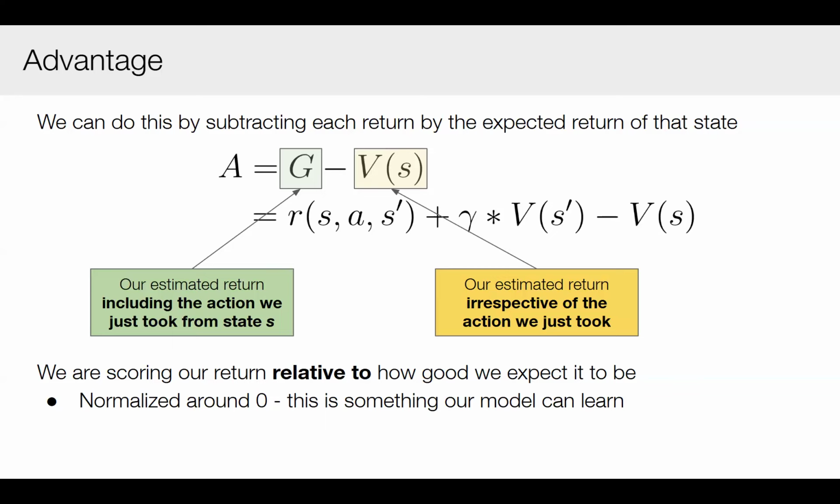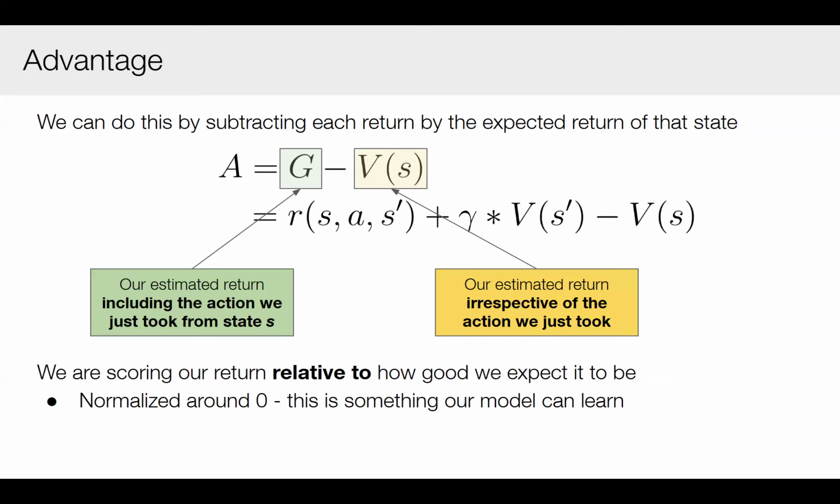So this advantage is equivalent to our return, it's just normalized around 0, right? So this is something our model can understand because this advantage, since it's normalized around 0, doesn't depend on the state that it's referring to. So this is something we can pass to the model. Any other questions?